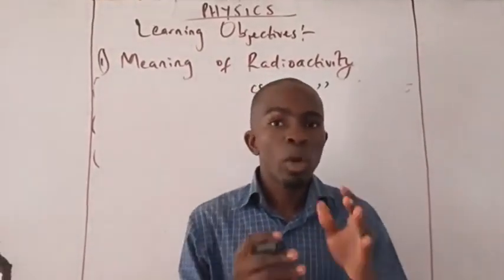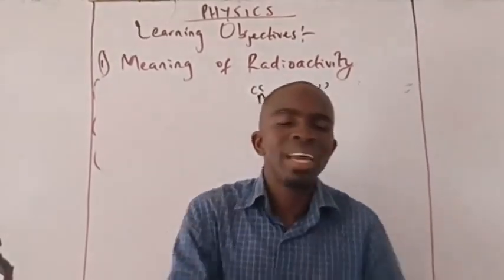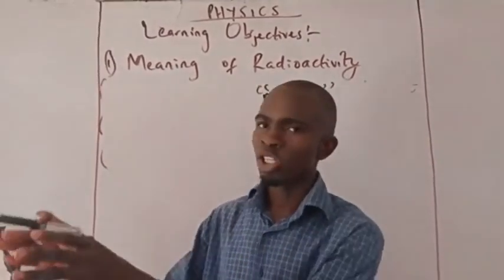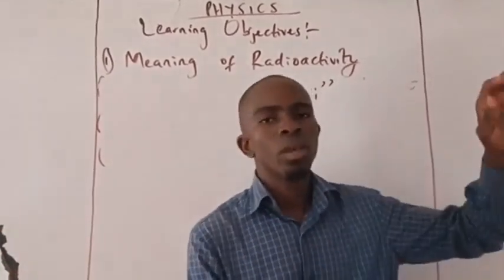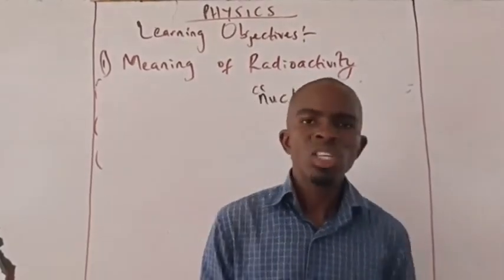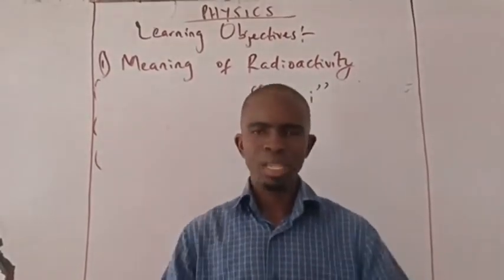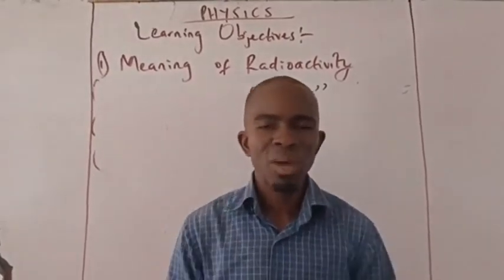And we all know that nucleus is inside of an atom. We call it cell in biology, and we call it atom in chemistry. So it means there is a particular nucleus of an atom that is unstable. So the splitting of it is radioactivity.